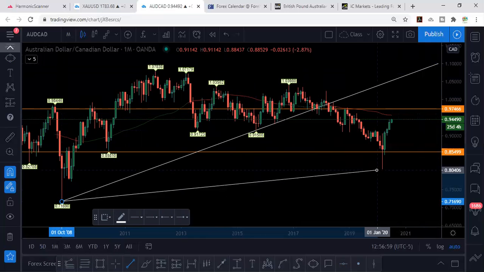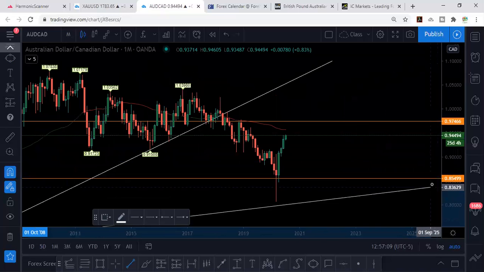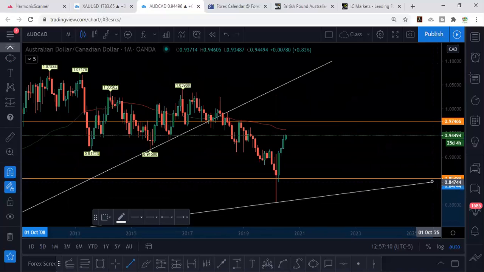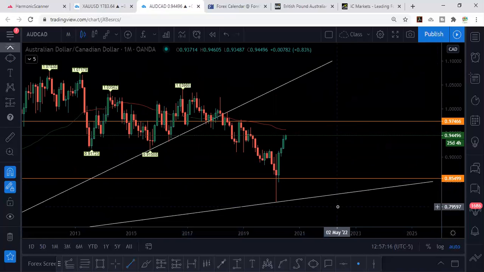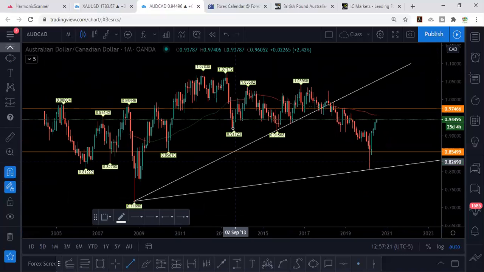I put another trend line here. This trend line I'm putting here shouldn't be, but it's more like a support. I'm just trying to, because this is a monthly time frame. But I'm just doing it because, and then draw another trend line from the last low to the last low.